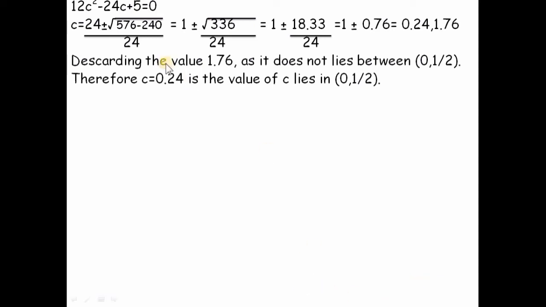Using the calculator, we find that 1.76 does not lie between the interval a and b, so that value of c does not exist between 0 and 1/2. So c equals 0.24 is the only value of c that lies between 0 and 1/2.